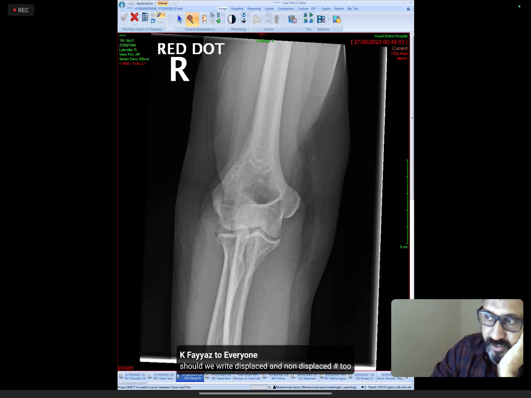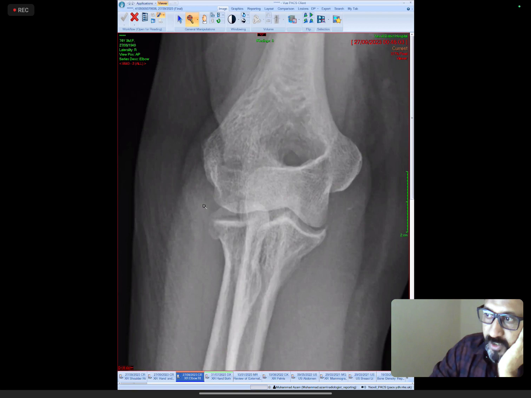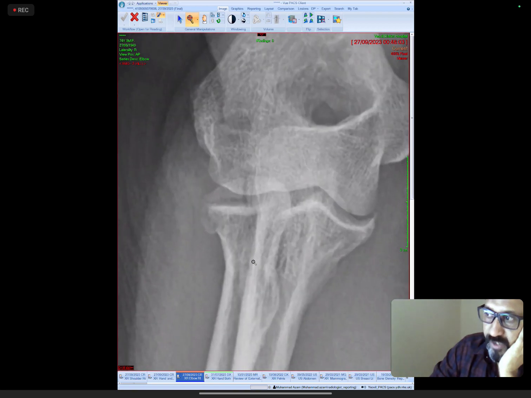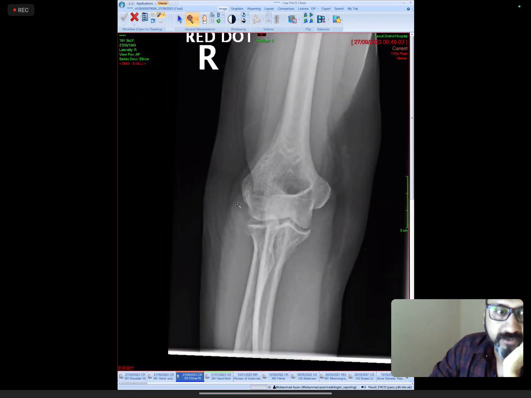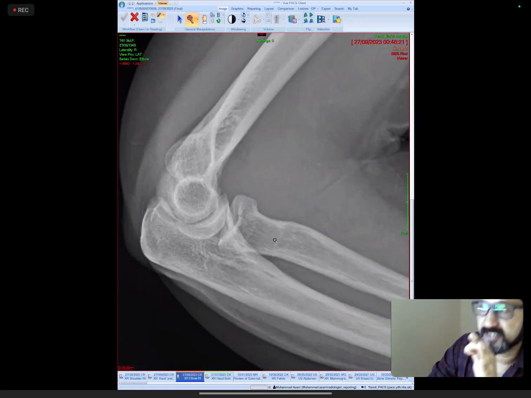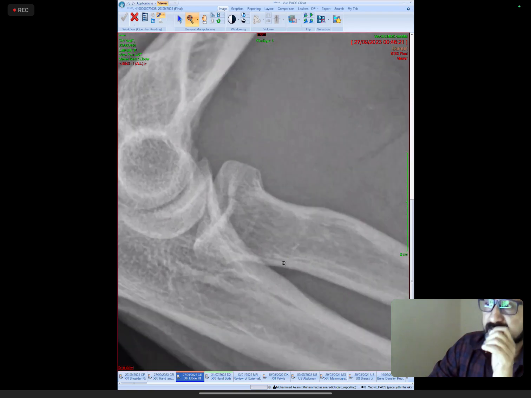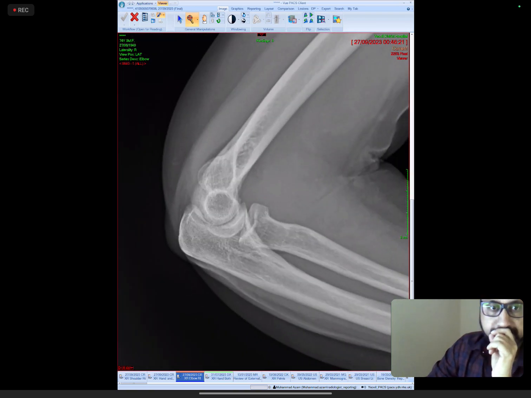Actually, on the AP view, they could give you this one. If you magnify, there is a non-displaced fracture of the head, but it was also obvious here. And this is a typical exam. So radial head fracture. Going back, yes, it was a wonderful pickup.